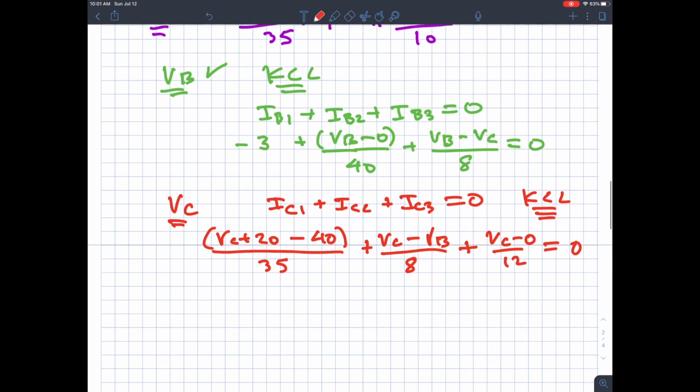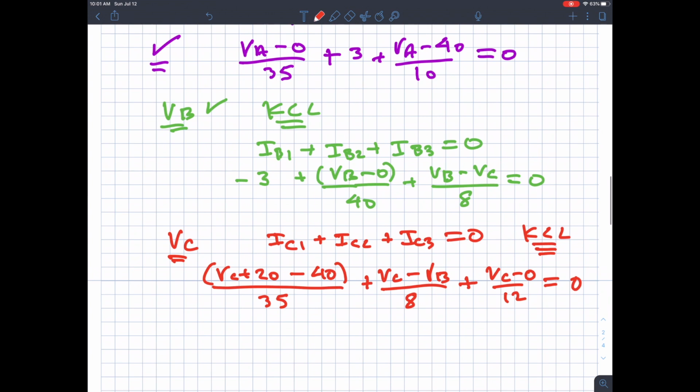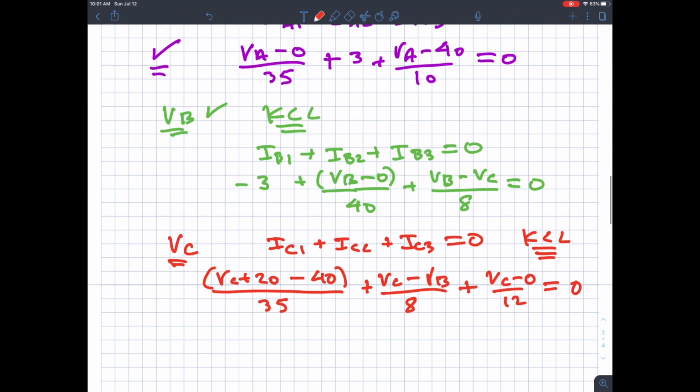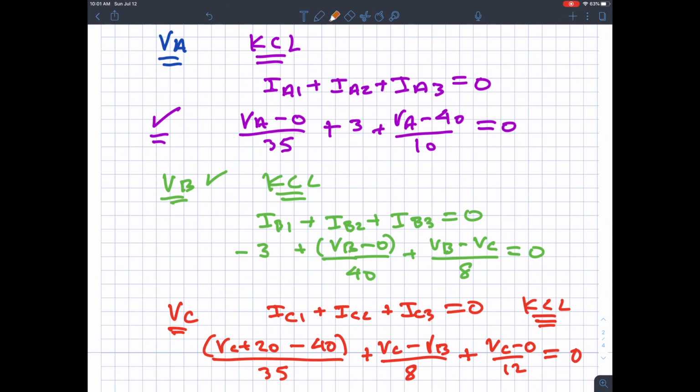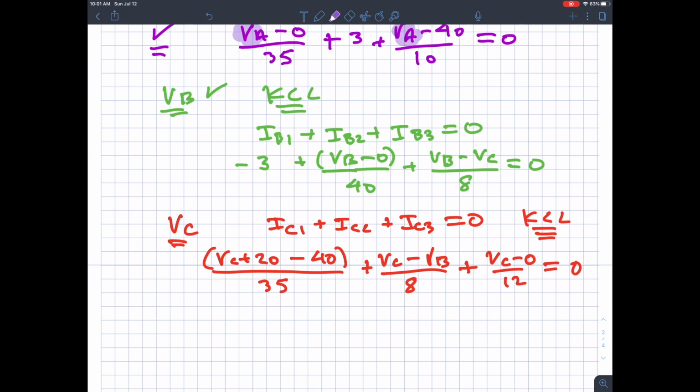All right, so what I'm asking myself now is, do I have enough information to solve this problem? From the very first part, I have VA is unknown, and I have one equation that only involves VA, so I'm happy with that. I can solve for VA. All right, here's another equation that involves unknowns VB and VC.